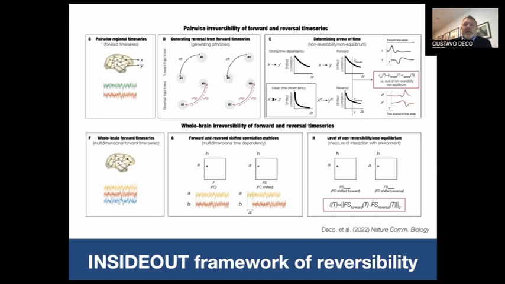And the key idea, the key trick, is shown here. Again, we will compare the brain signals. So we are not using the entropy production. We just assess the brain signals in the forward and the artificially created backward version.